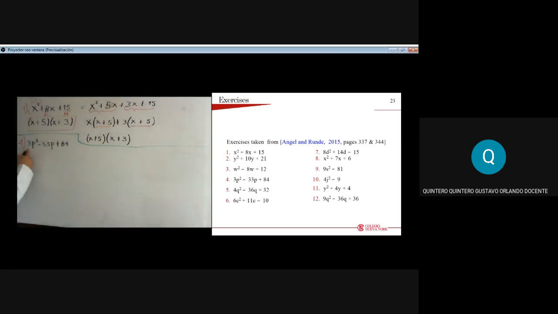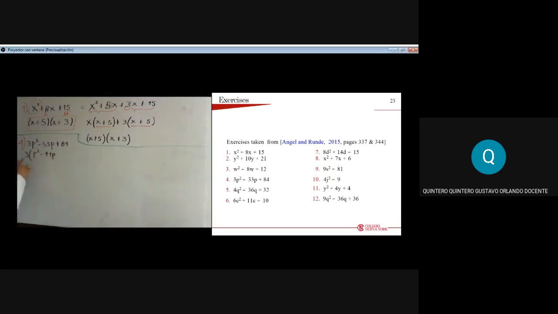If we were to do the common factor, it will be just 3, because the common factor of these two would be 3 and p, but the 84 doesn't have any p, and I want the common factor of everything. So just 3. 3 times p squared minus 11p.